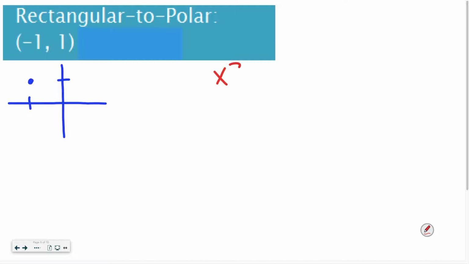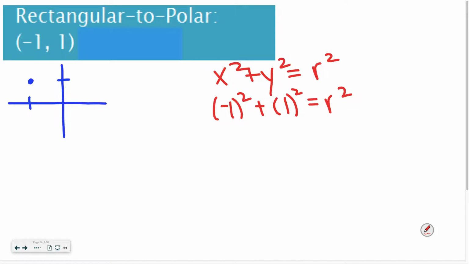We know that x squared plus y squared equals r squared. So I can plug -1, 1 into there. R is what? Square root of 2. Technically, it's plus or minus square root of 2, but I'll ask that when you're converting that you just stick with the positive, so that when we identify our angle, it's more straightforward.